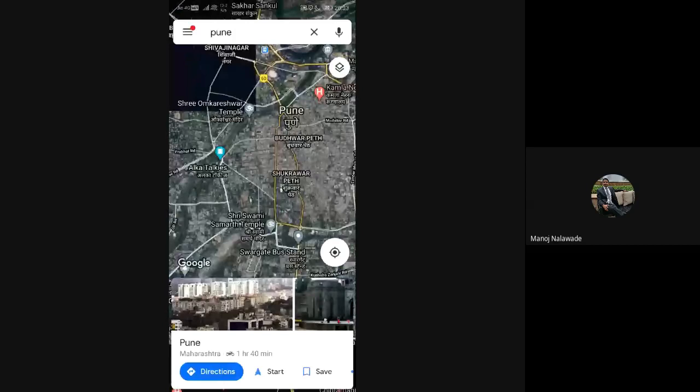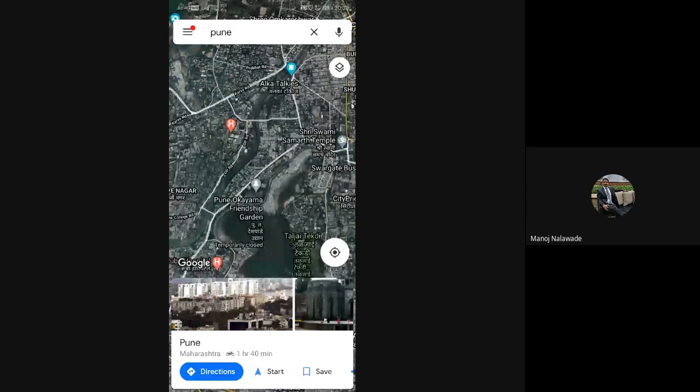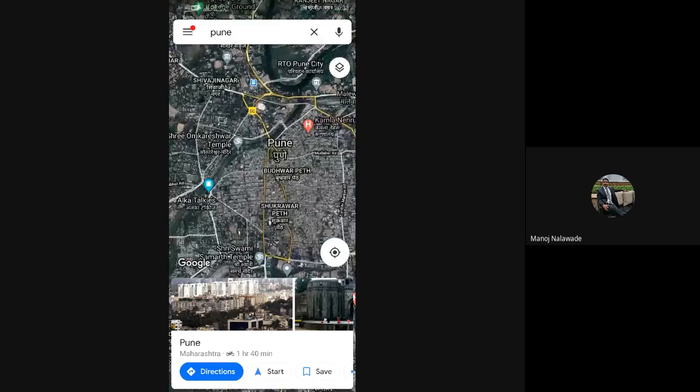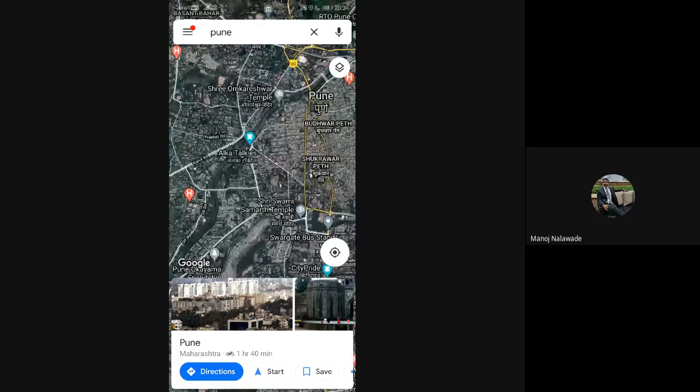Okay, this city, right? Is it visible to everybody? Yes, sir. You can see the river going through here. Here is the river, and Pune city is settled near one river.